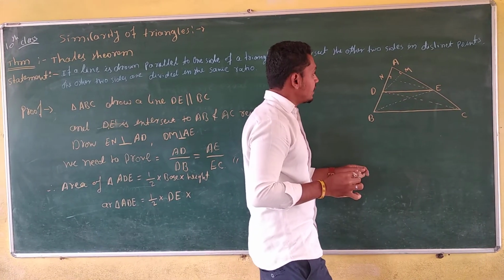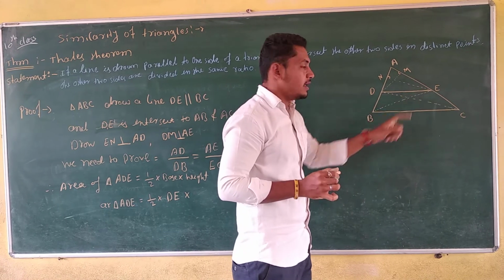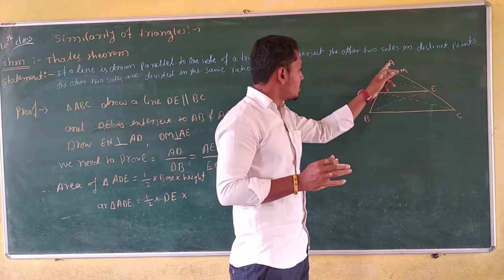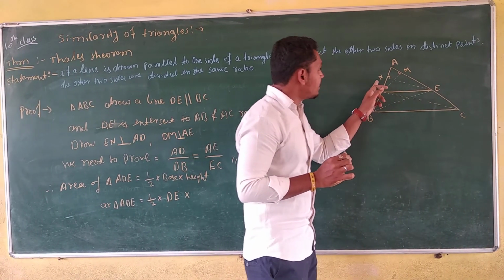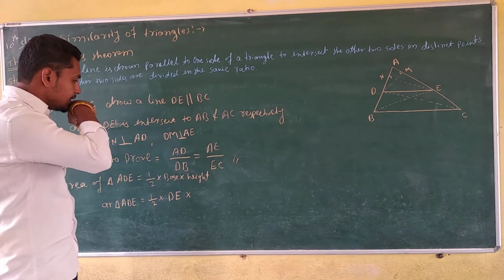In this triangle ADE, what is the height here? See here, EN. That's why we drew EN perpendicular to AD. So take height EN.